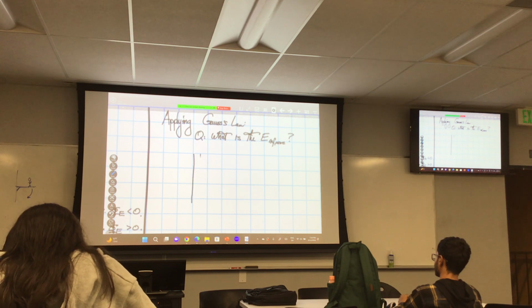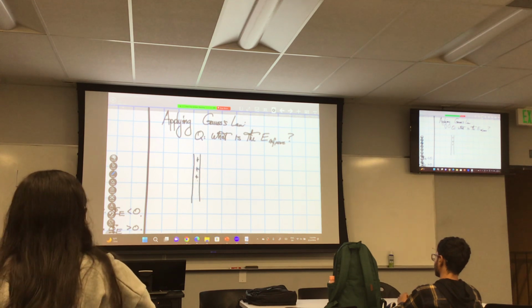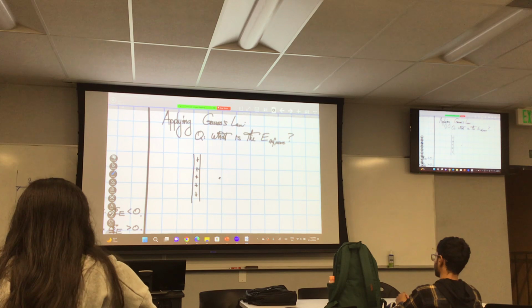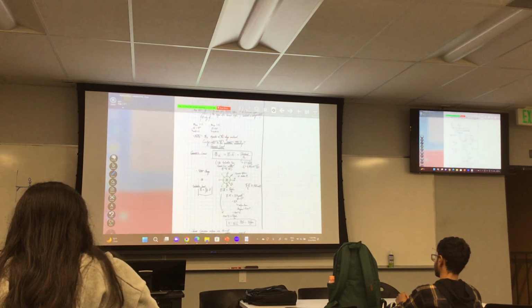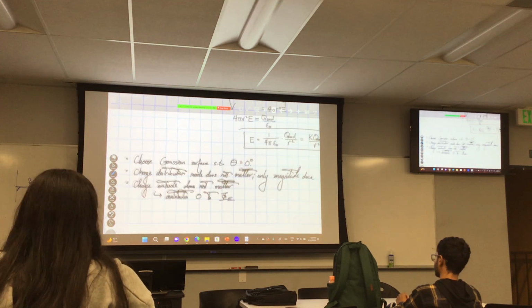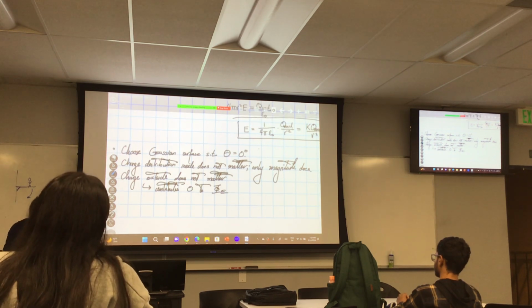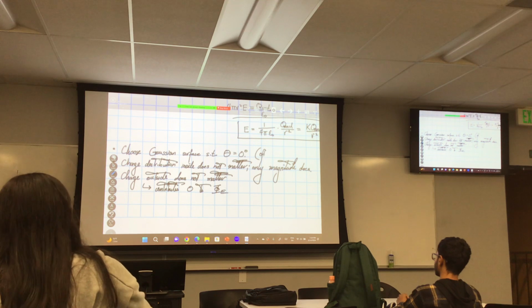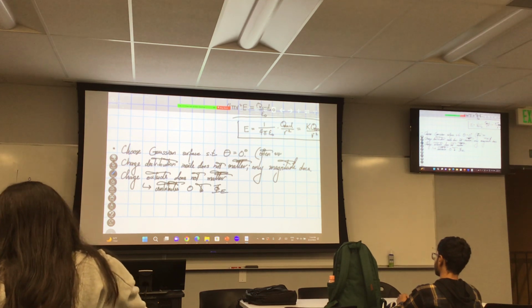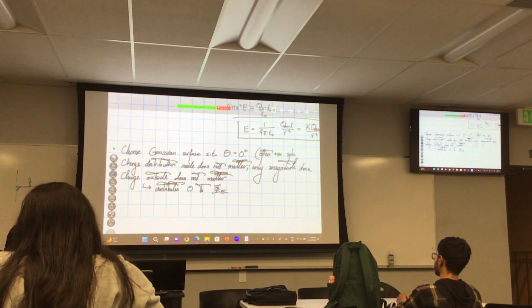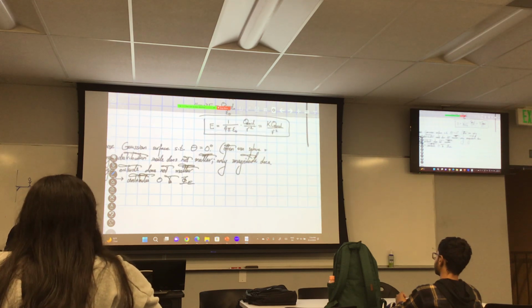So the scenario that we are considering is this. I forgot to mention something. We want to choose a Gaussian surface such that the angle is equal to 0. And often you want to use a sphere or cylinder.